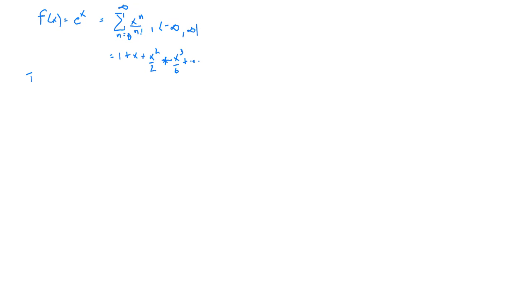So T1 is just 1 plus x. I'm doing this to help you understand figure 1 from section 8.8. T sub 2 is 1 plus x plus x squared over 2.